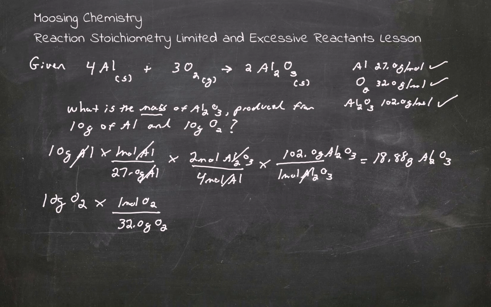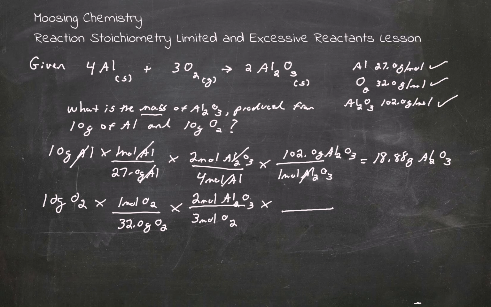And now we're going to turn this into our mole ratios. So there are 3 moles of oxygen to every 2 moles of aluminum oxide. Okay, now we don't want the moles of aluminum oxide. We want to find out how many grams are being made here by the limiting reactant.